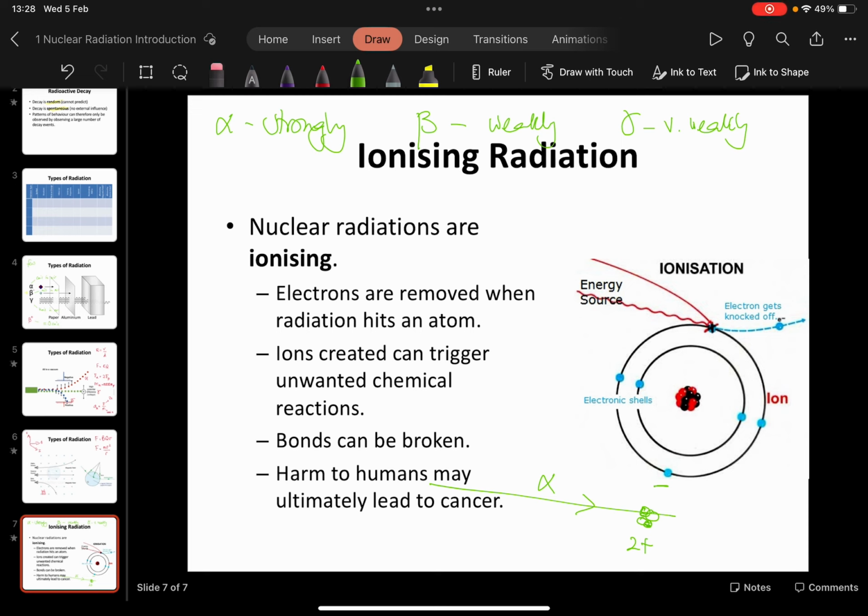It's going to do that quite strongly by virtue of its 2+ charge. Whereas beta, by virtue of its 1-, has half the charge, so the ionizing power is going to be much less. That's almost going to push, it's going to repel an electron out of the shell of an atom.